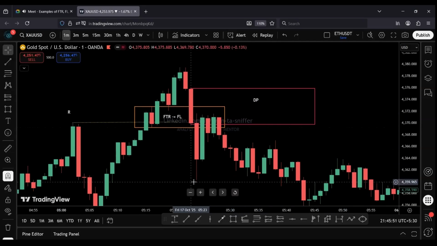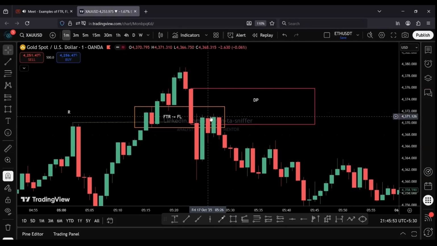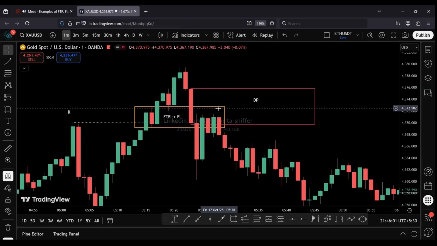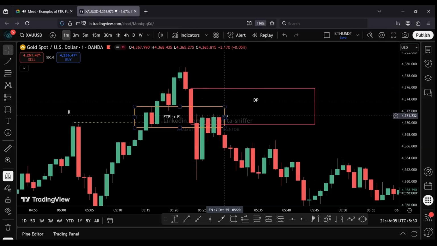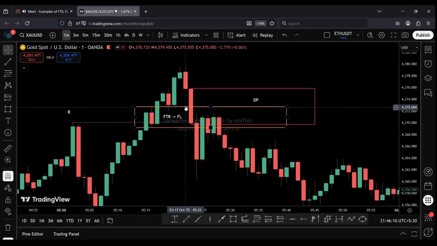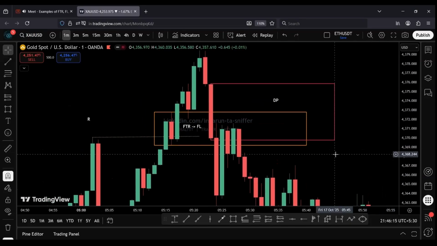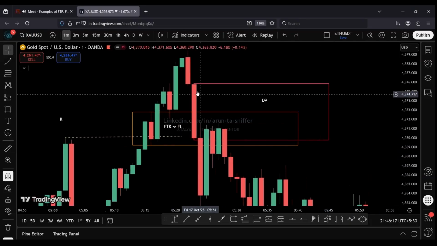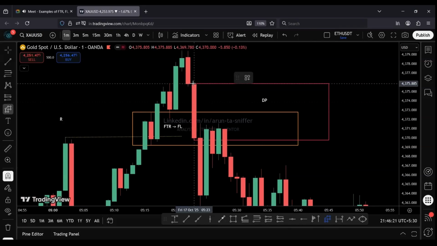Price came down, goes up, and here it looks like this has reached the DP. But if we look closely, this hasn't reached the MPL of this area, or at least the upper line of this FL, where actually the DP is formed. If we go to a lower time frame, we'll find it like this.